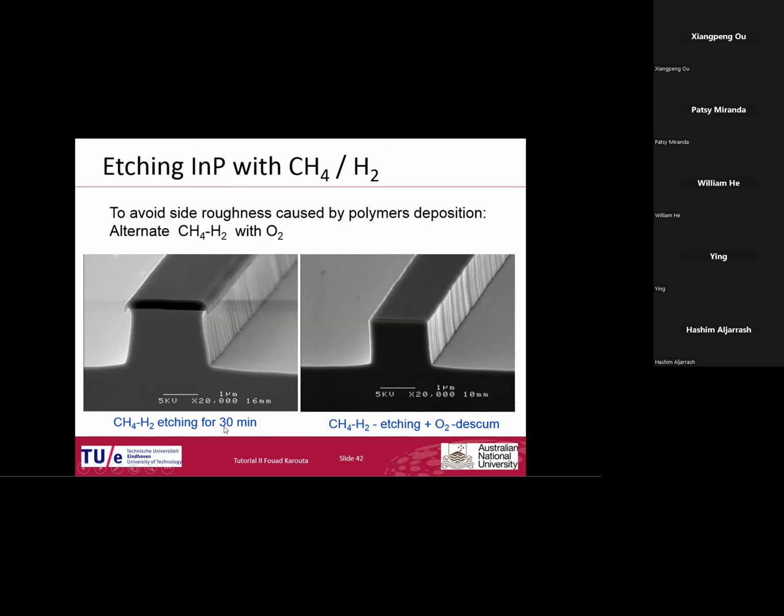So here we did the 30-minute process without any oxygen, and you see that you get a polymer hanging and disturbing your etch. Here we were alternating like 10-second oxygen, 2-minute methane hydrogen, and you can have a good control of the etching process. So bear in mind, depending on what chemistry you are using.